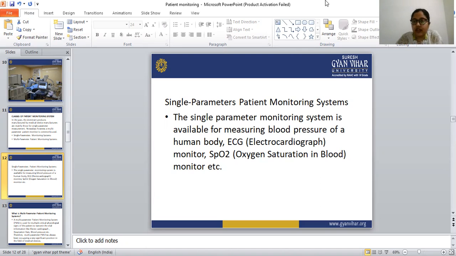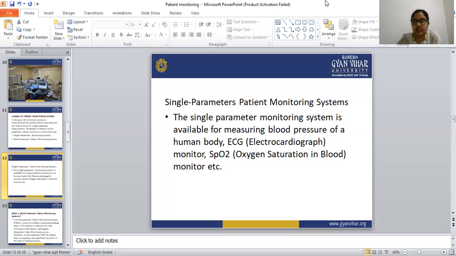And there are lots of disadvantages also. If one considers from the viewpoint of the nurse, the biggest disadvantage of the computerized patient monitoring system is the time required in learning. The nurse should first learn how to use that computerized patient monitoring system.